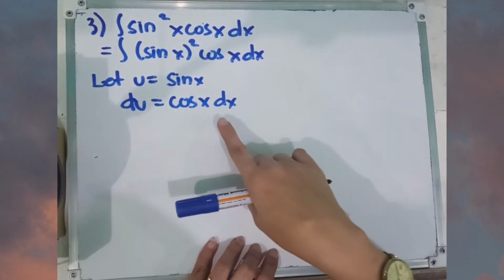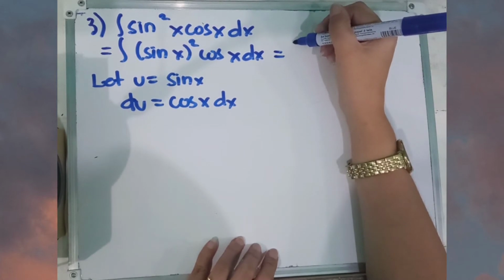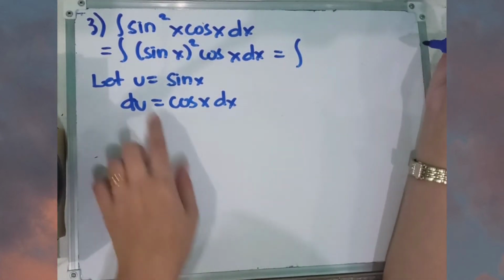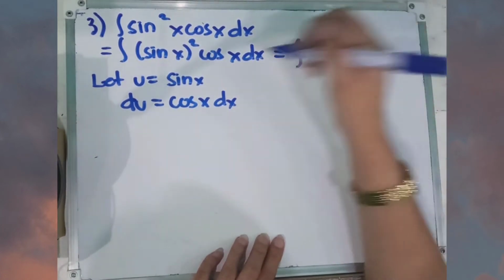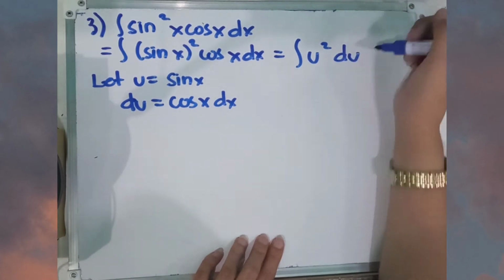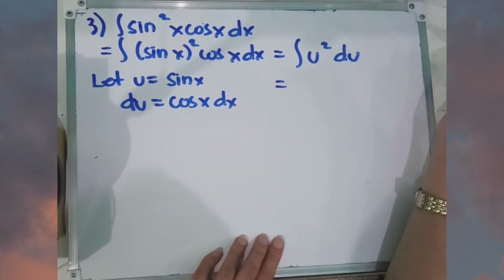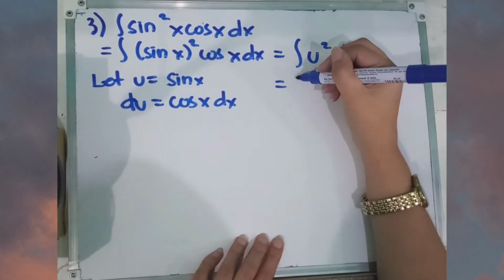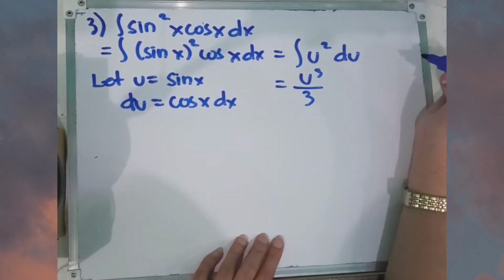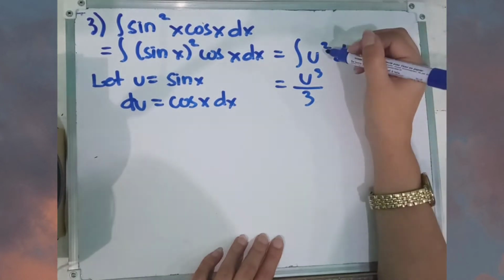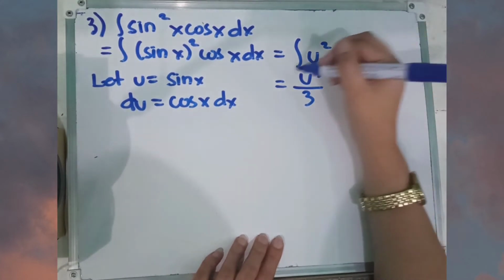Having that, we can proceed with the integral of sine x, that's our u, so that's u squared, cosine x dx, that's our du. If you can still remember, we can apply the power rule. So that's simply u cubed over 3. Remember, just add 1 to your exponent, and whatever your new exponent is will be your denominator.